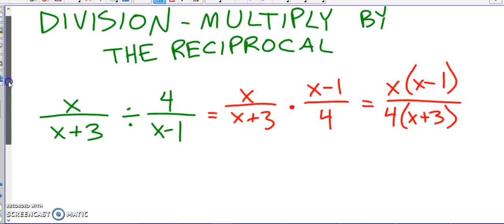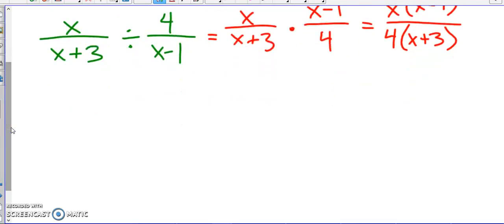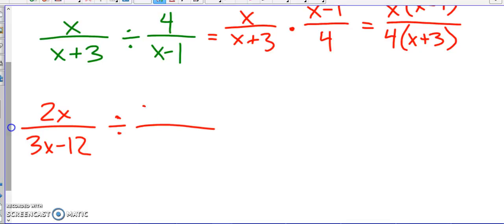All right, let's try a couple of these, and we should have it. 2x over 3x minus 12 divided by x squared minus 2x over x squared minus 6x plus 8.